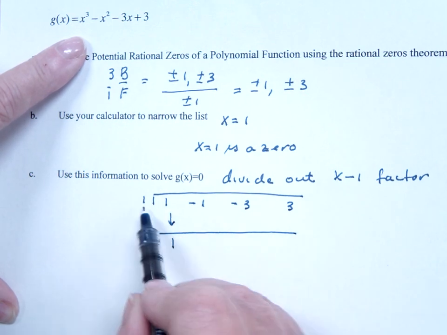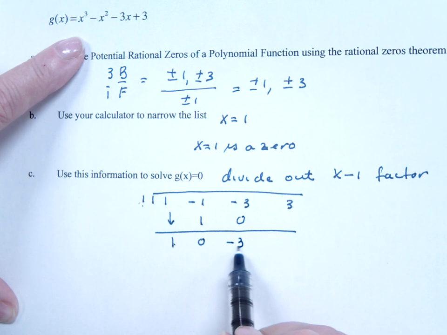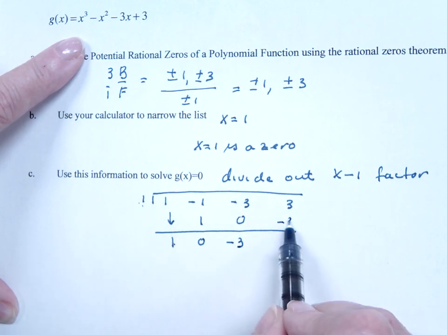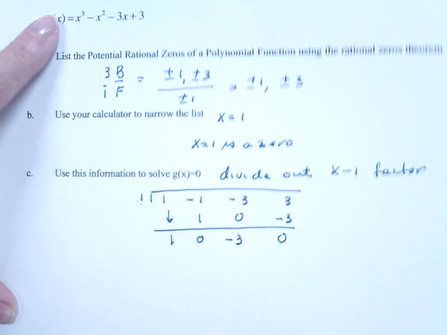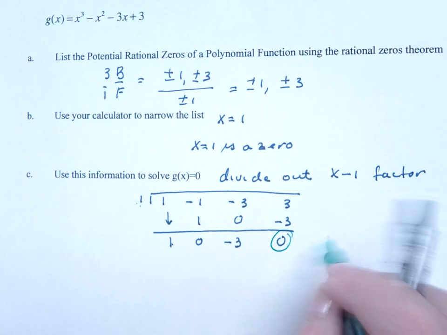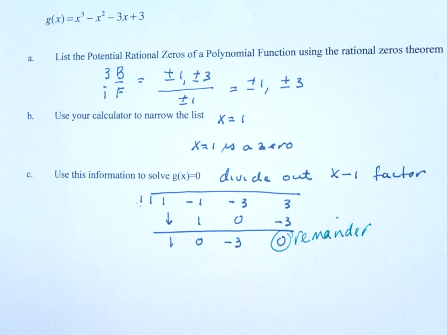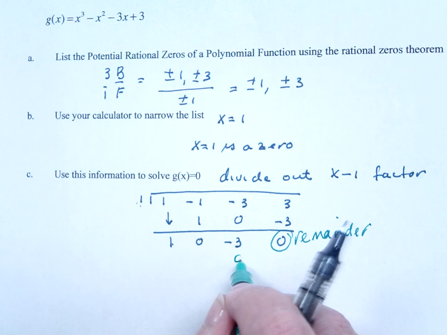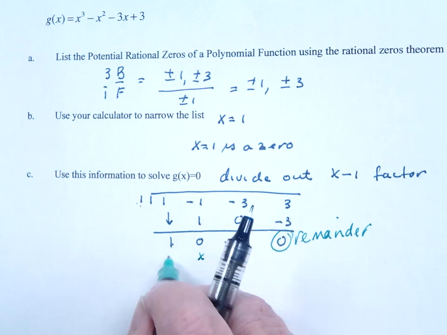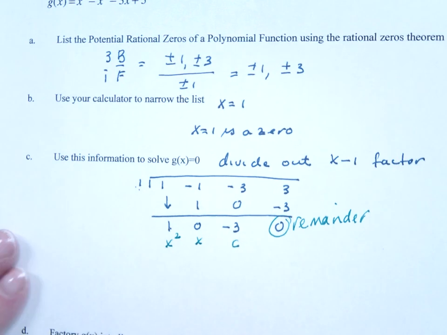Bring down the 1. 1 times 1 is 1, and add. 1 times 0 is 0, and add. 1 times -3, -3, and add. Now this is the remainder. So this is the constant, coefficient of x squared. So this gives me an x squared minus 3.